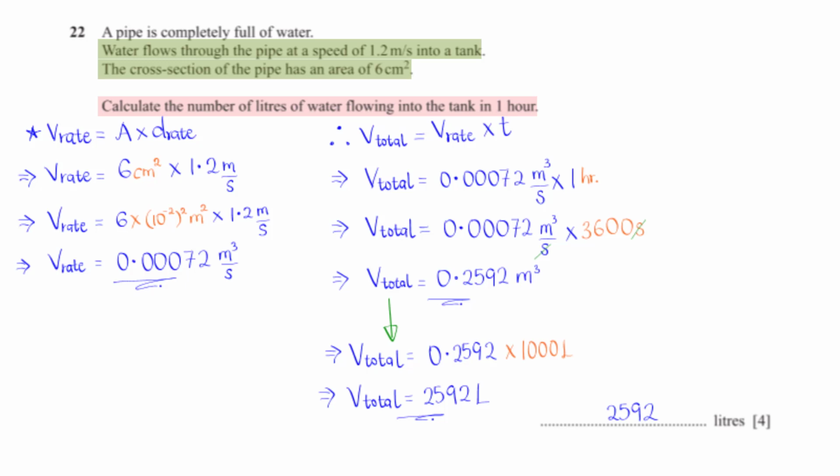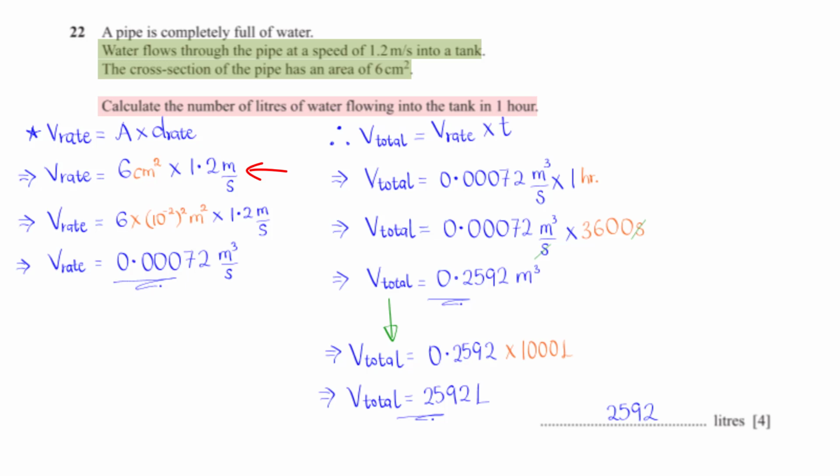So first, we need to find the volume of water flowing through the pipe in 1 second. Then based on this, we can now find the volume of water flowing through the pipe in 1 hour. To find the volume of water flowing through the pipe in 1 second, that will be equal to the cross-sectional area of the pipe times the linear flow rate through the pipe, and so that is equal to 6 centimeters squared times 1.2 meters per second.